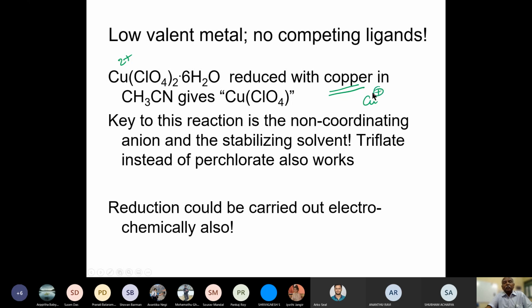You can't do this in a completely aqueous medium. Copper perchlorate, monovalent copper perchlorate will disproportionate again to give you copper metal and copper 2 plus. On the other hand, if you add acetonitrile, it will stabilize copper 1 plus. This copper 1 plus can interact with olefins.